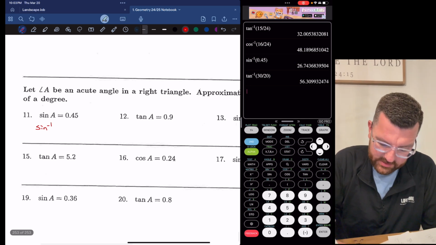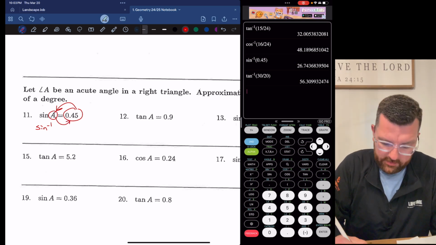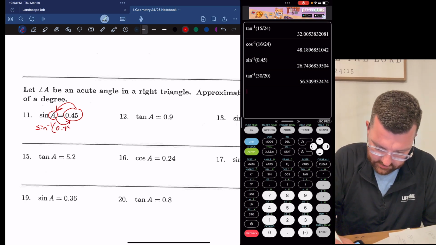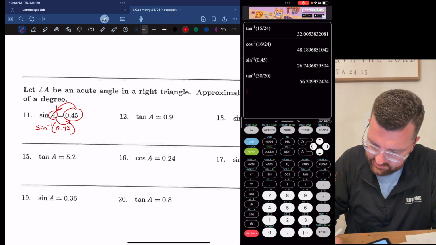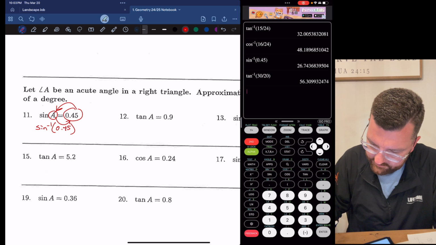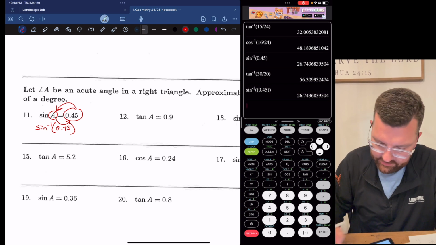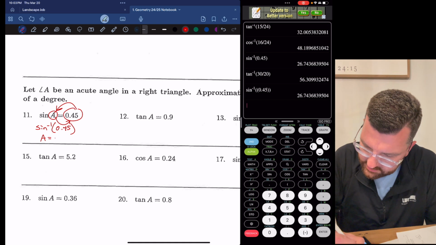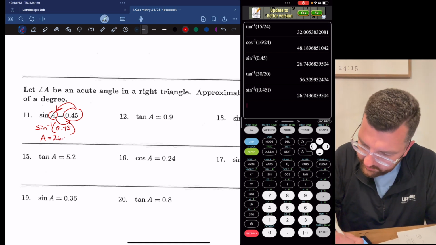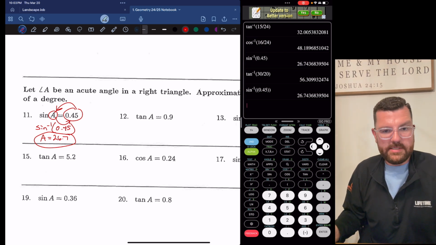And then we switched the variable and the number. So this may be the one we did in our notes. I think it is. Second, sine, inverse of sine, 0.45. And there's our angle. Angle A equals 26.7. That's my answer. Easy peasy.